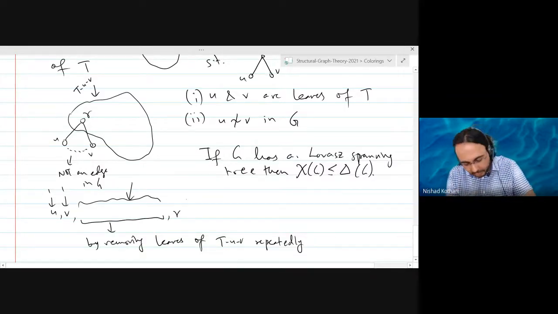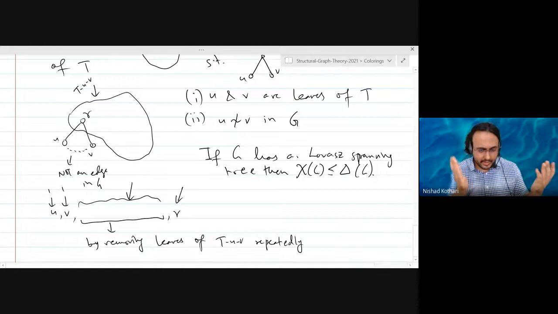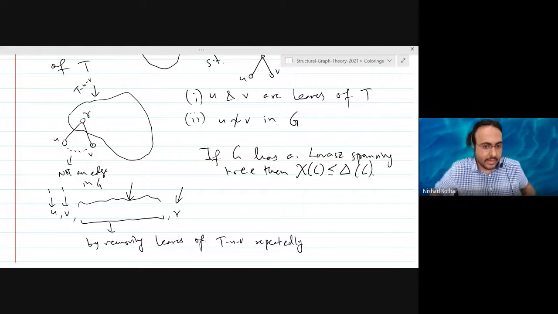When you come to the root, the degree could be delta, but the good news is that two neighbors U and V have the same color. So by pigeonhole principle, you have used at most delta minus 1 colors among the neighbors of the root. So the delta colors will still suffice. You don't need the last color, delta plus 1. You'll get a delta coloring of the graph.